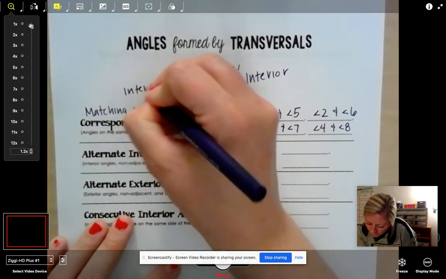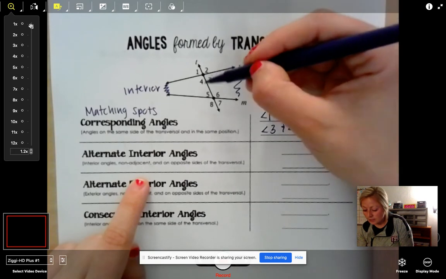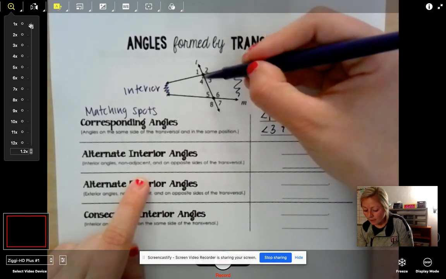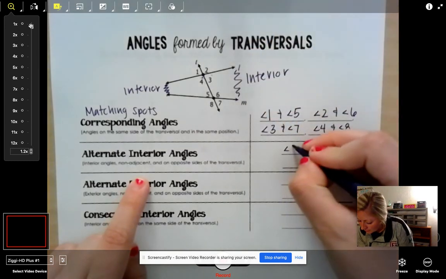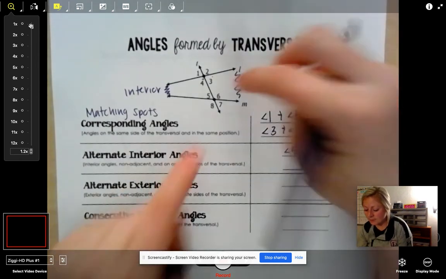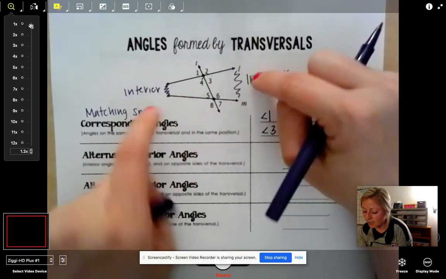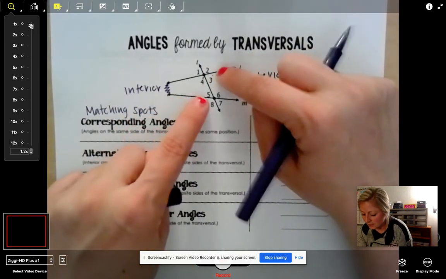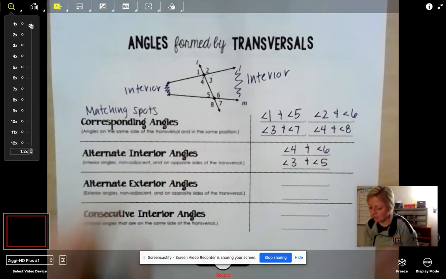So my alternate interior angles would be 4 and 6. They're on opposite sides, on the inside. So angle 4 and angle 6. Same thing with 3 and 5. They're on opposite sides of our transversal line and they're on the interior. So angles 3 and 5 would be alternate interior angles.